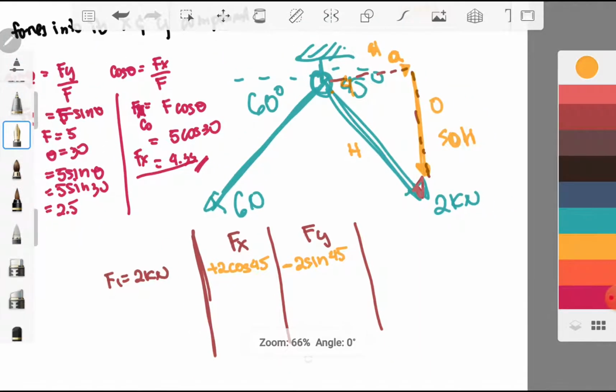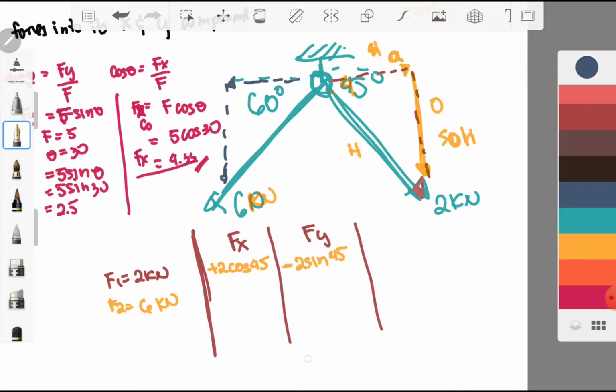And then your F2, which is equal to 6 kilonewton. Take note of the projection of forces. At the x component, it is going to the left.